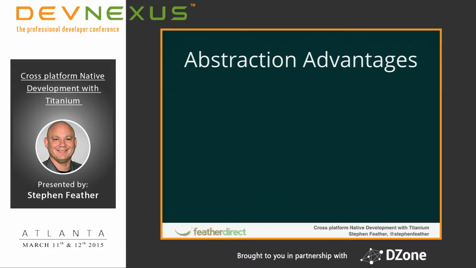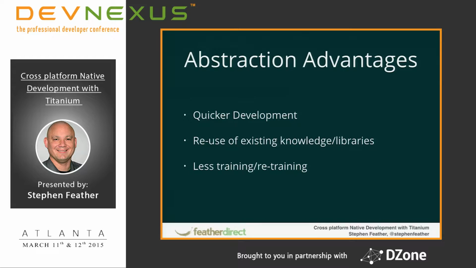So what are the advantages of abstraction? The first, faster development. I already have an understanding of JavaScript. I don't have to learn 2 more languages. I can reuse knowledge that I have and libraries that I've already written. Less training and retraining. Android comes out and says, hey, by the way, guys, I know we've had these really ugly gray buttons for like 6 years.